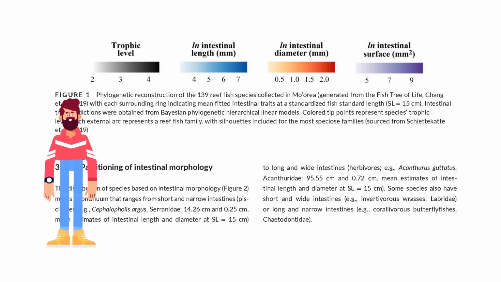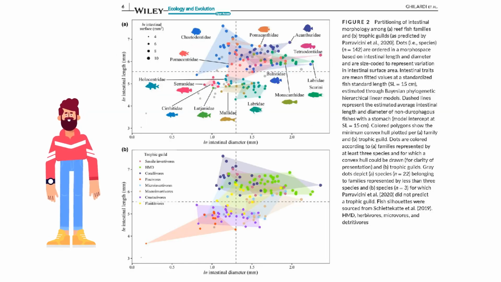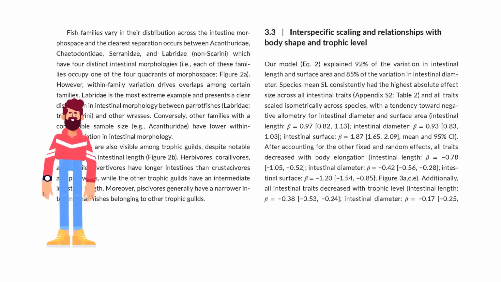Let me explain more. Coral reefs host an extraordinary diversity of species. Among these species, fishes are the most diverse and prominent vertebrates, exhibiting a wide array of morphologies and trophic strategies. Given this multitude of feeding behaviors, reef fishes represent an ideal group to study how evolutionary and ecological mechanisms influence intestinal morphology.